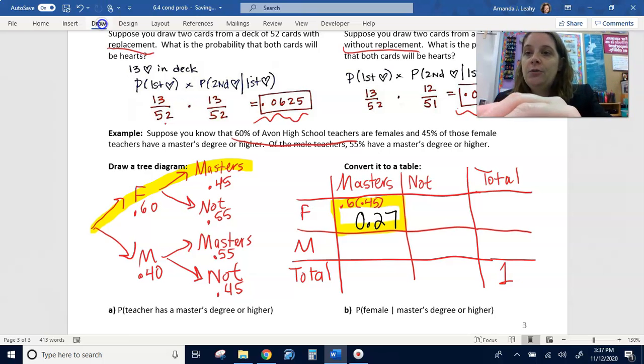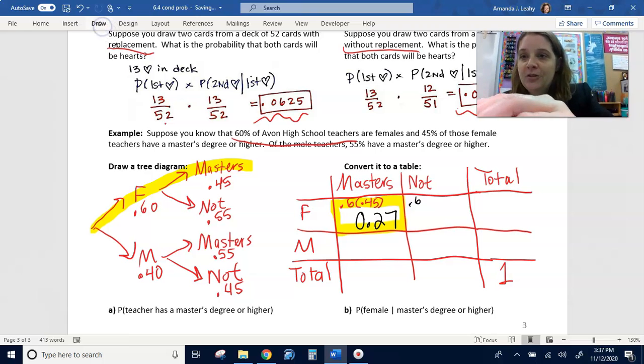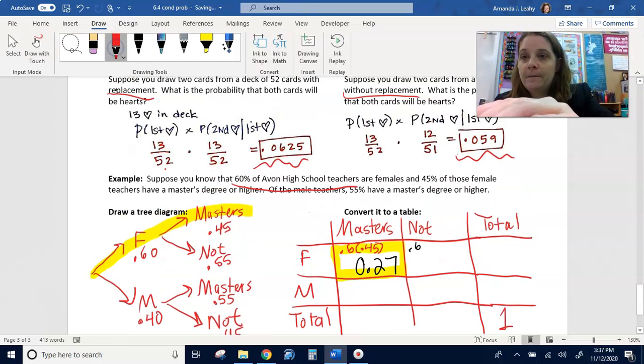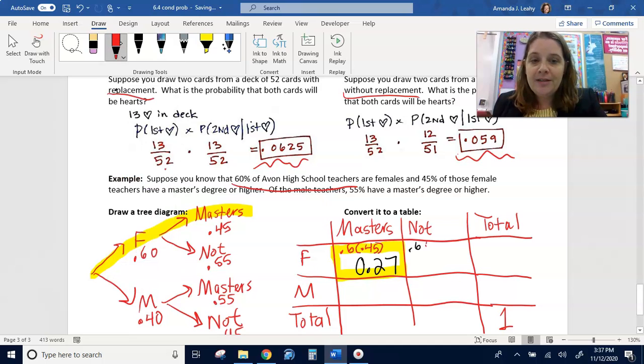And I'm going to go ahead and do this with the rest of those. I'm going to multiply down the branch. So to find females and not, I'm going to multiply down that branch of the tree and write that product. That's 0.6 times 0.55 this time.